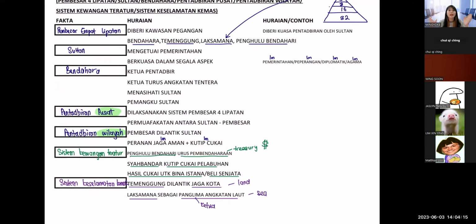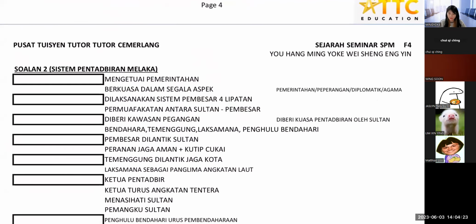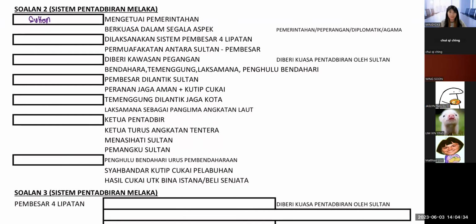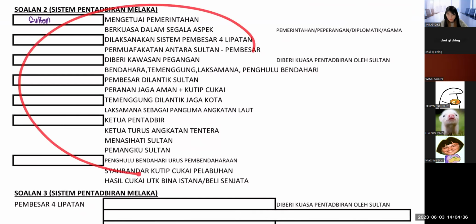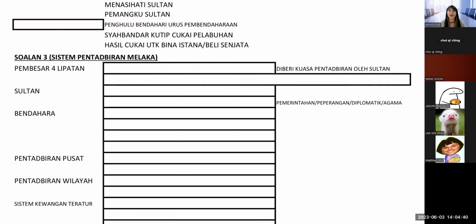Yeah. Okay. So any question want to ask, please? So just remember all this. Practice again. Go through. Then what? Okay, so Sultan ialah ketua pemerintahan berkuasa dalam segala aspek pemerintahan, peperangan, and so on. Practice yourself all the way. Then after you memorize all, then you start to apply your huraian.